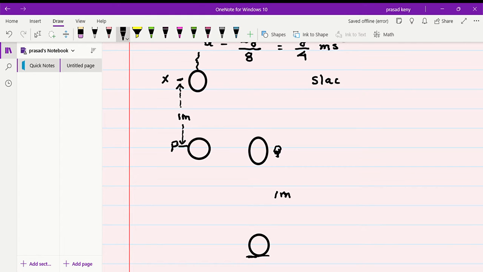When I say the string is slack, that means no tension in the string, and when the string is taut, the string has tension in it.